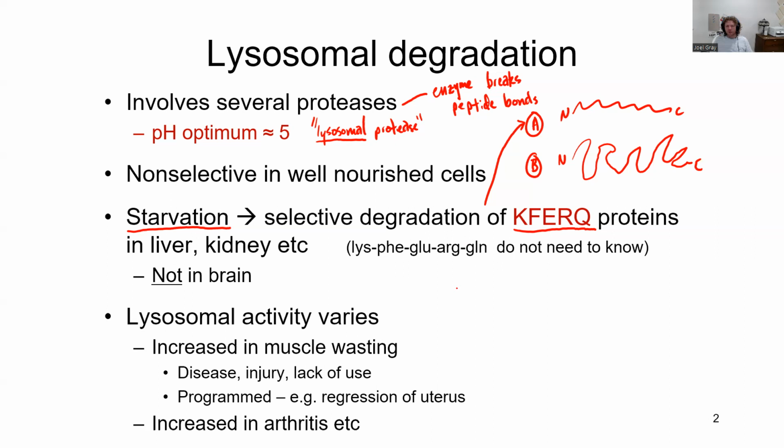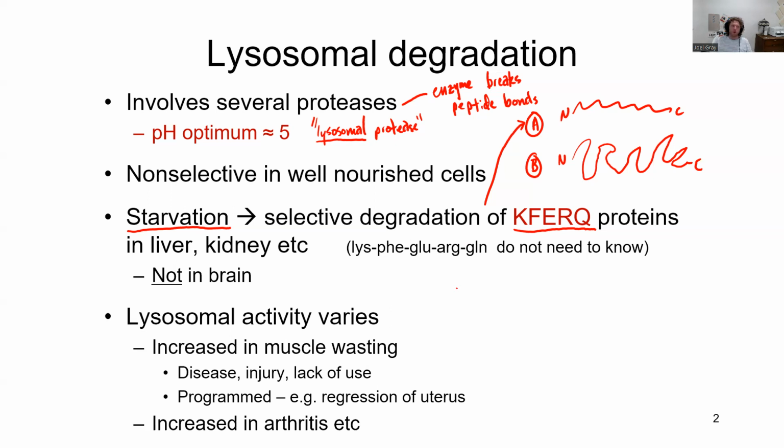So lysosomal activity and the activity of those proteases is going to vary. And lysosomal proteases tend to be a little bit more active in certain situations. For instance, people afflicted with arthritis might have more or larger lysosomes within their cells.